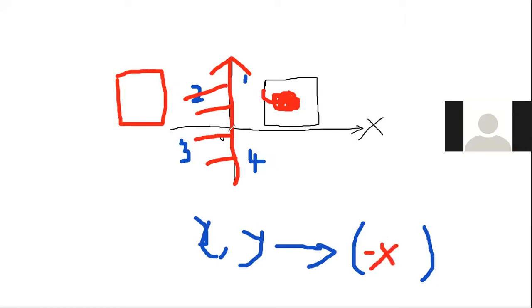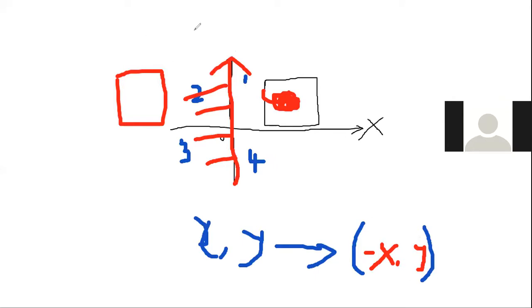Then we take the value on the vertical axis, and that also gives you positive y. So reflection in the line x equal to 0, or in the y axis, gives you the image negative x, y.